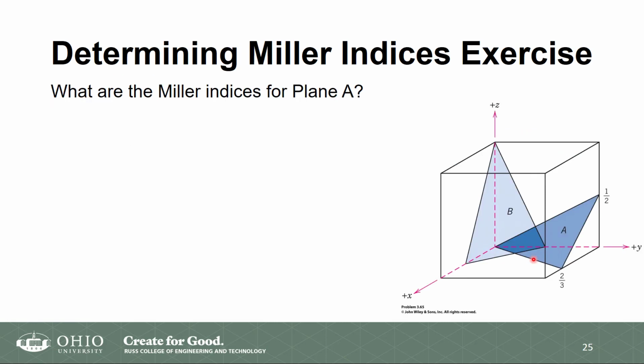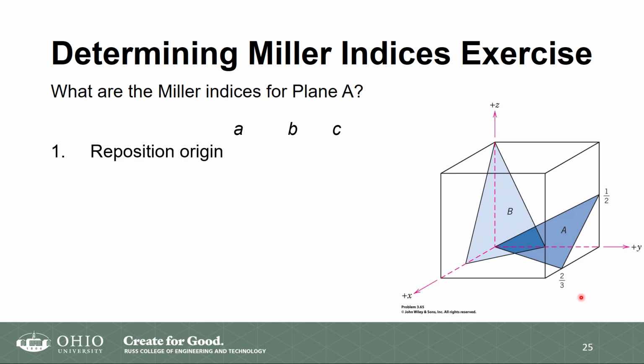All right, so the next example we'll do is for a plane that passes through the origin. As mentioned, when we're trying to find these Miller indices, the first step is to figure out whether we need to reposition the origin or not. In the previous examples that we've seen, that wasn't an issue, but when you have a plane here that passes through the origin, we need to do something. So the first step is to reposition the origin.